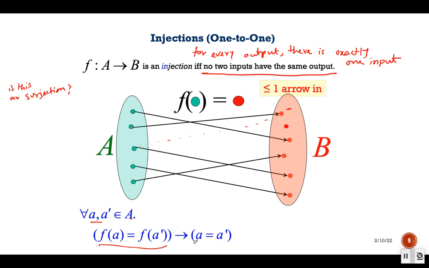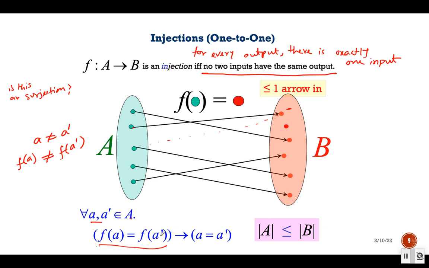That will only denote that A and A prime are equal. Other than that, if A is not equal to A prime, that means f of A is not equal to f of A prime. For any two different values, their outputs will also be different.